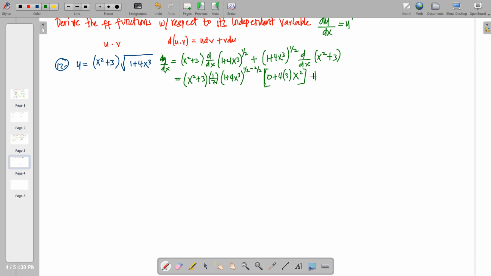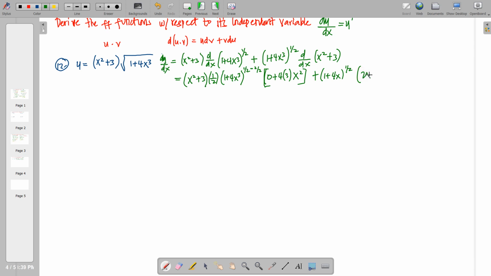Okay, so the second term goes like this. We just copy the second term, in exponential form, and then derive the first term of the second term, which is x squared.